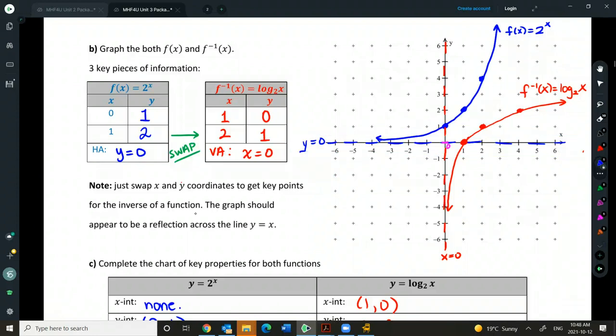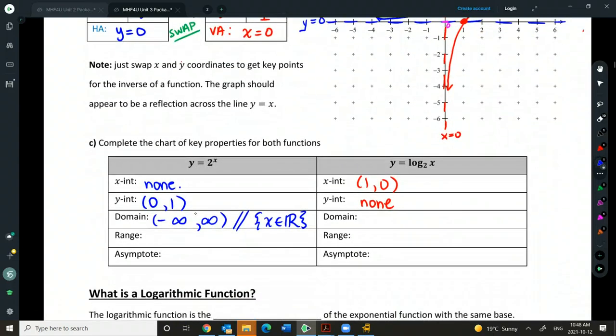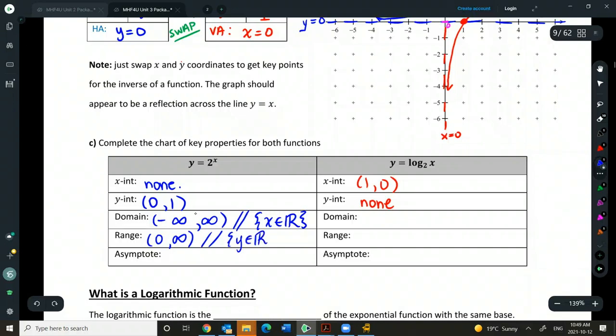So the y's are not equal to 0 because my graph doesn't touch the asymptote, but they are higher than 0. So I must say above 0. So one way to say this is 0 to infinity, or if you would like, you can also say y is an element of real numbers such that y is greater than 0. Okay, so either notation is fine.